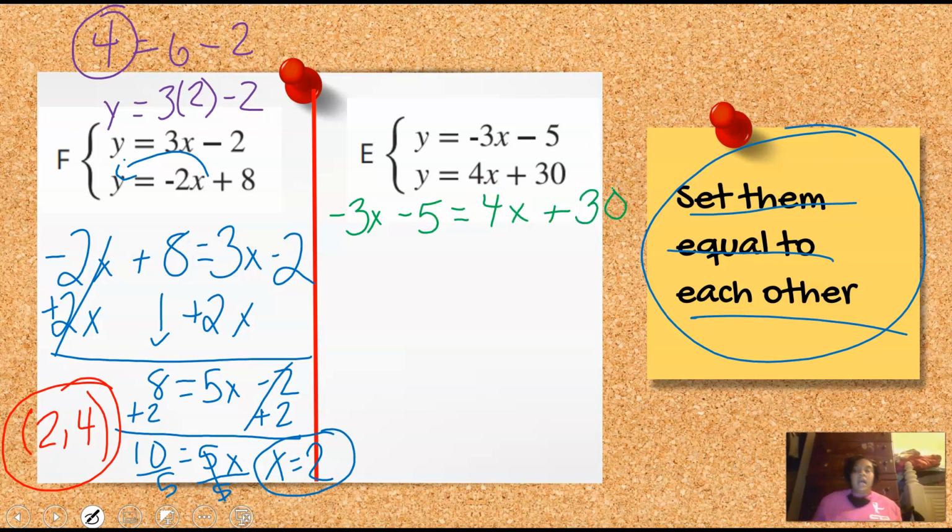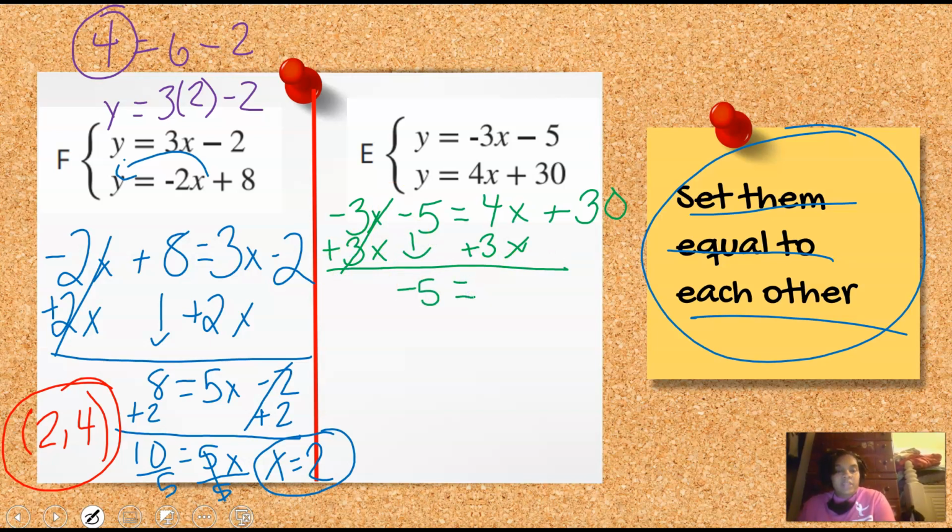I am going to inverse my variable again because I don't like negative numbers, and bring down my negative 5 equals 4x plus 3x is 7x plus 30.